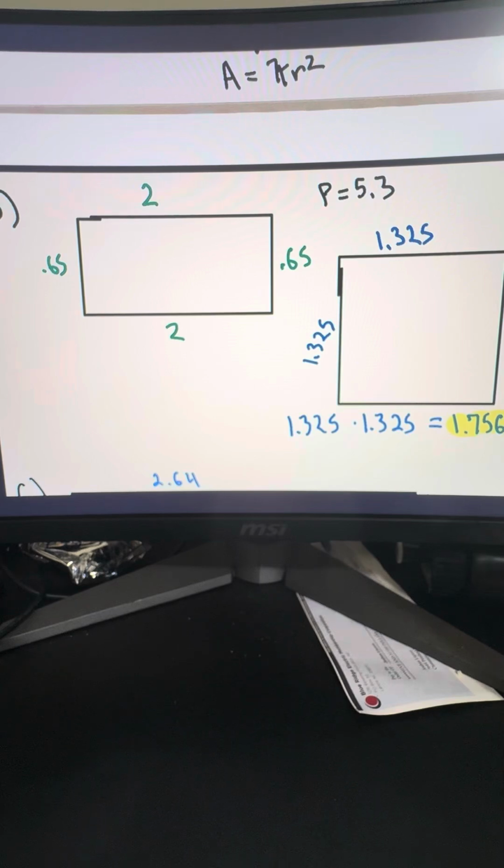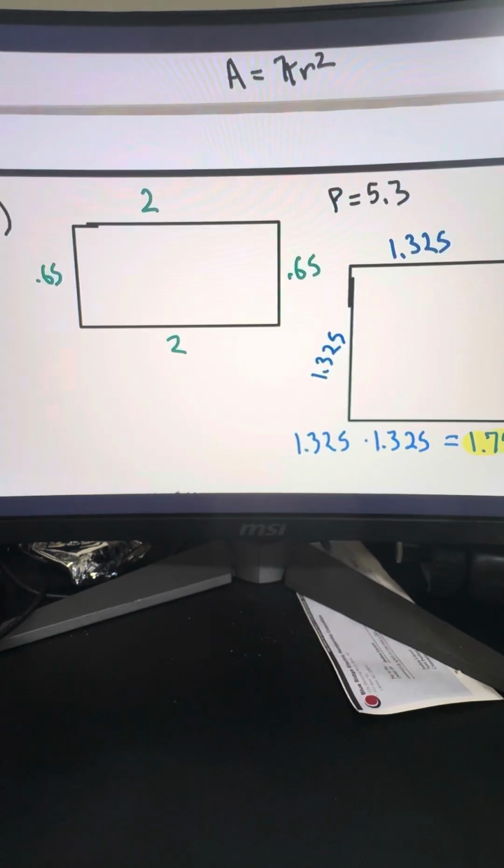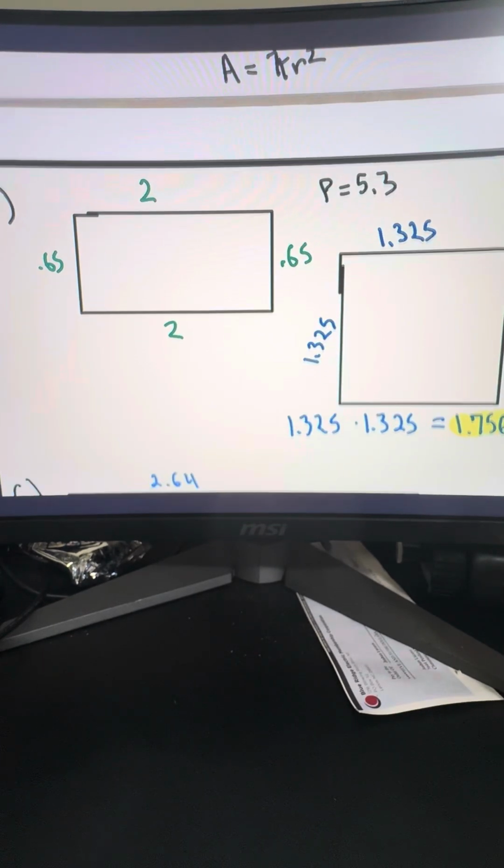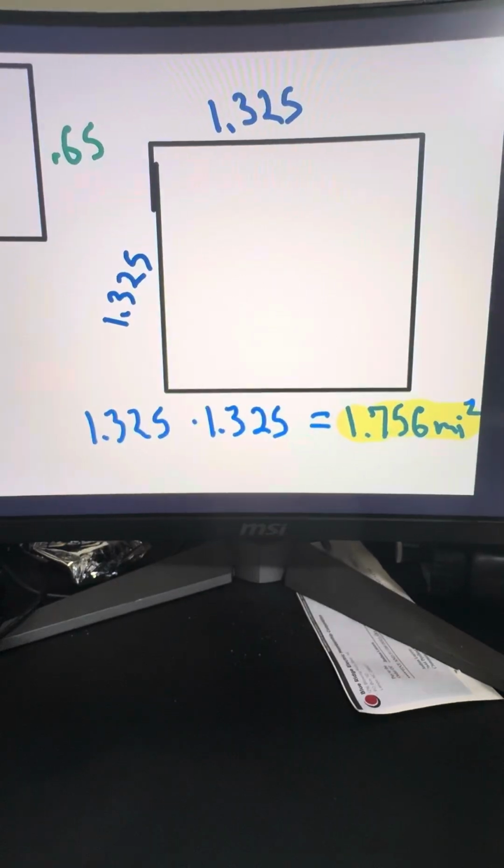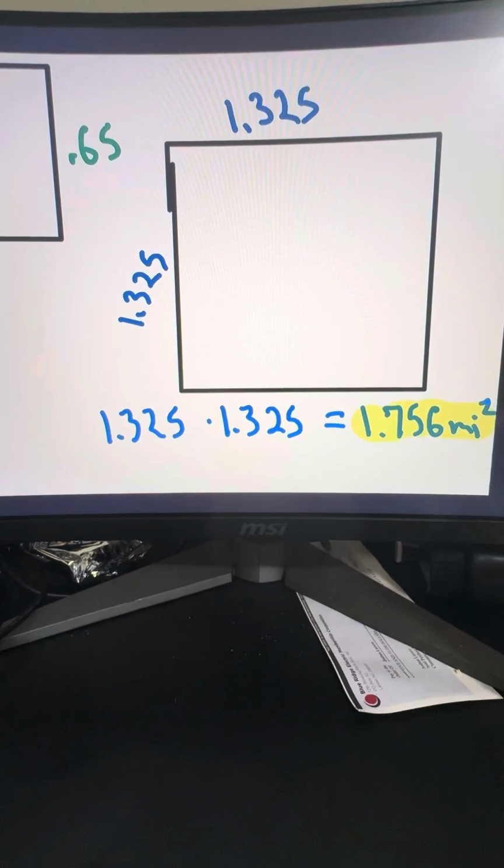So I don't really like how we're multiplying by a number less than 1, because that's just going to make our number smaller. So I wanted to keep both the length and the width of my rectangle greater than 1. So I figured the best way to do that was just to make it into a square, right? Because we know that a square is a rectangle.